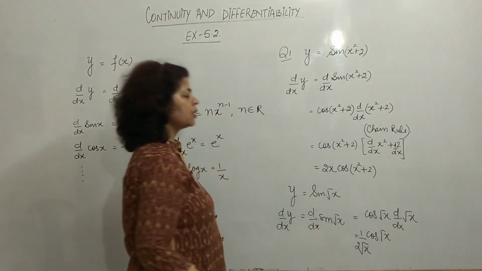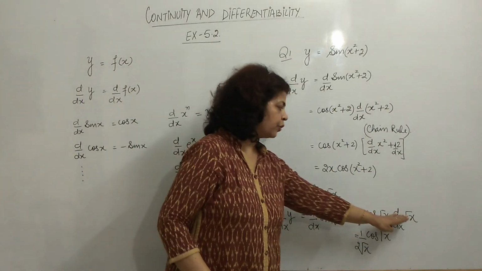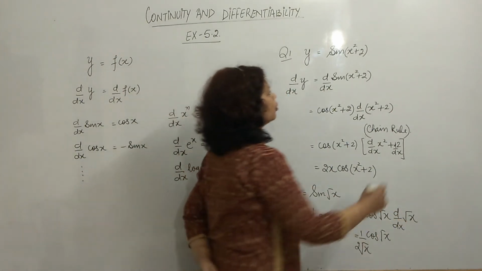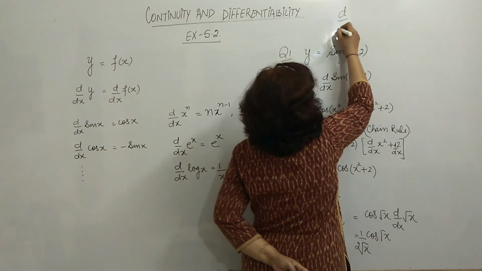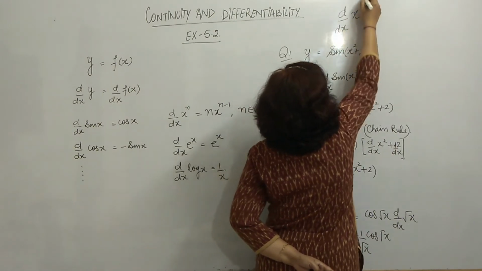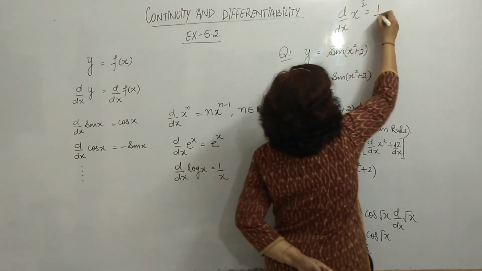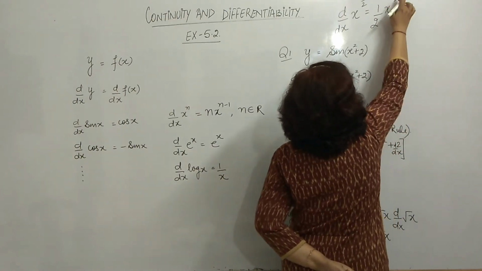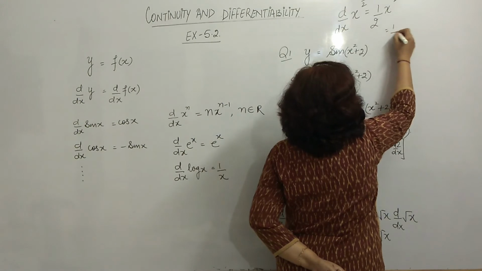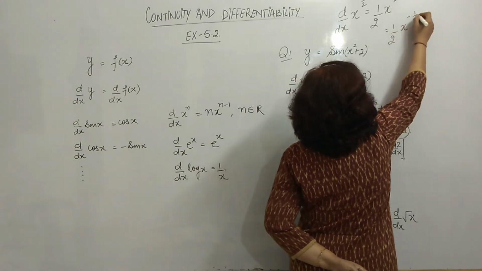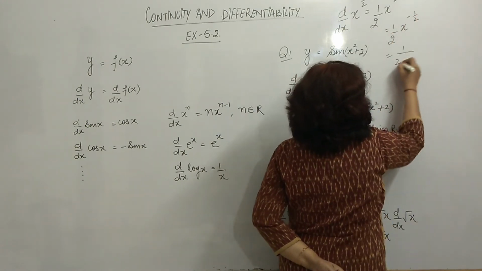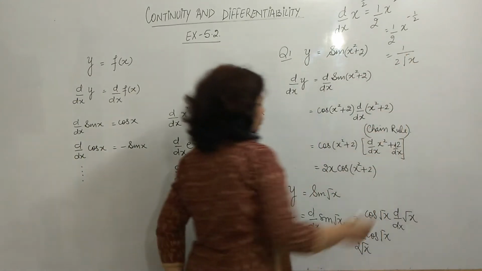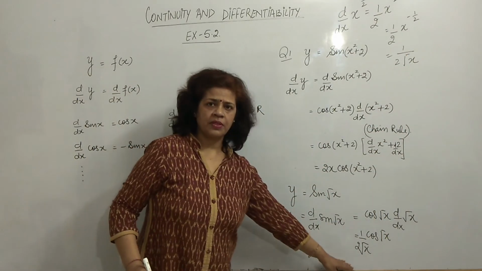I suppose that you know how to differentiate square root of x, and if you don't know, let me tell you once again. Root x means x to the power half, x to the power half minus 1, n x to the power n minus 1, and half of x to the power minus half, and look, that's how it comes.